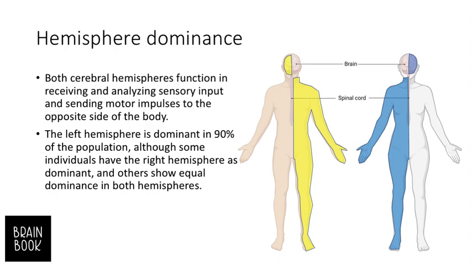For this reason, they are left-handed, and in a minor part of the population, the two hemispheres work equally. And maybe some people say that these kinds of people are more clever.